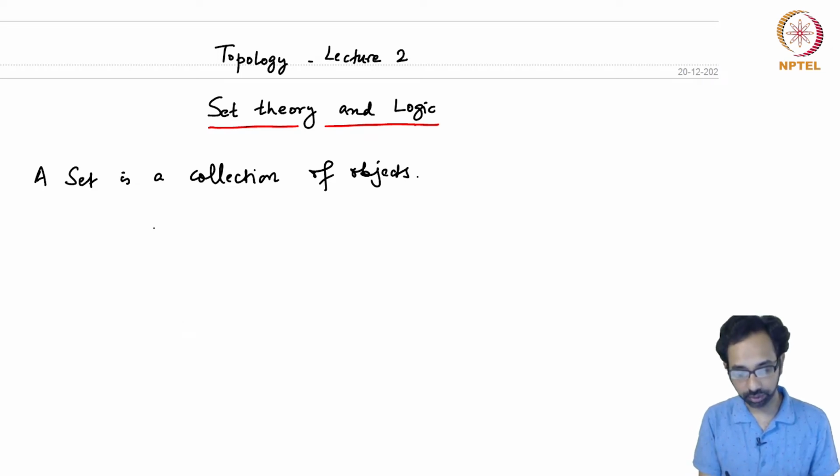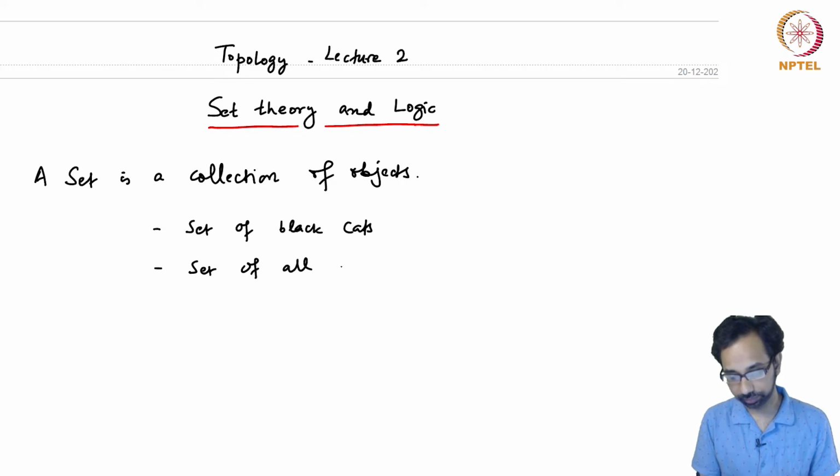For example, the set of black cats is a set. The set of all people living in India is a set.